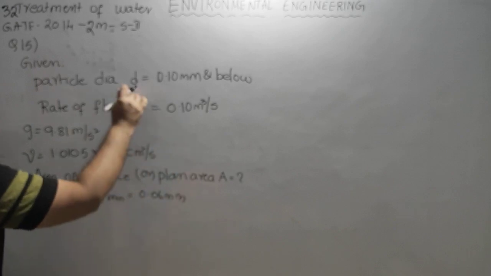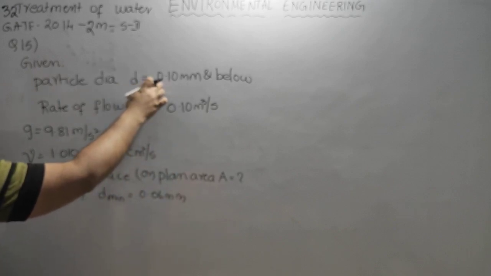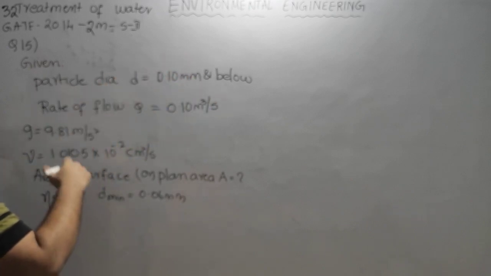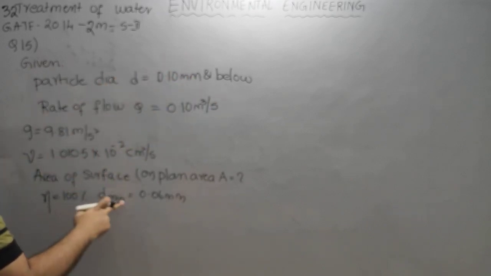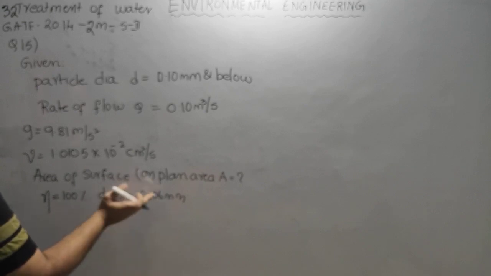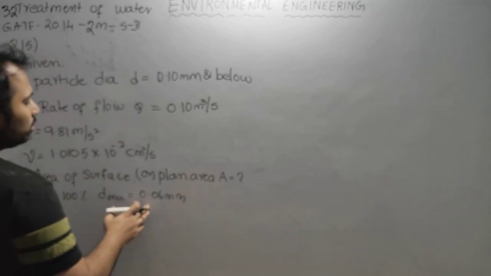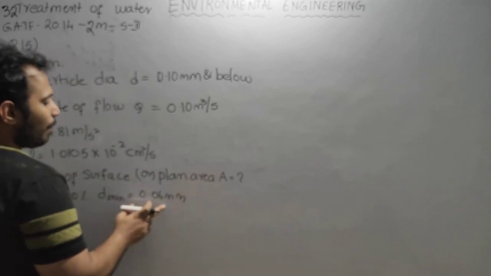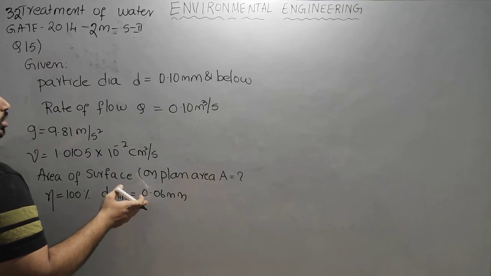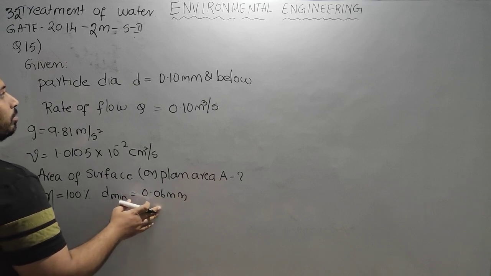Though the water is containing particles having diameter 0.10 and below, this settling tank should remove the minimum diameter of 0.06 mm and above with 100% efficiency. So this is the boundary condition for 100% efficiency.